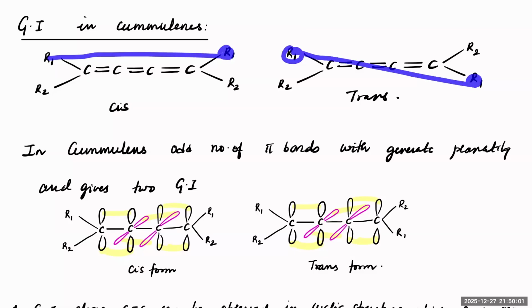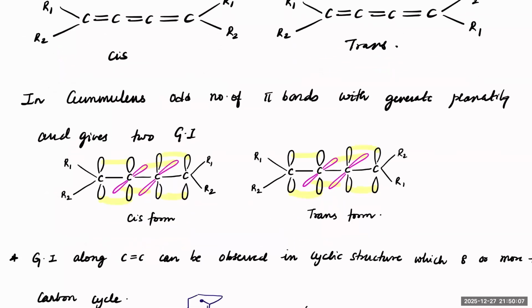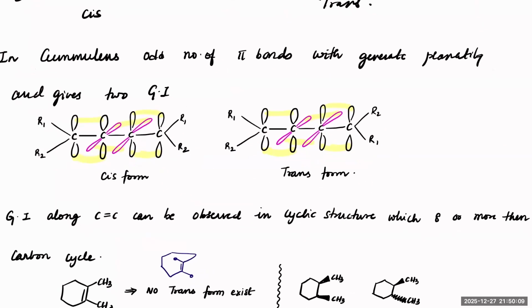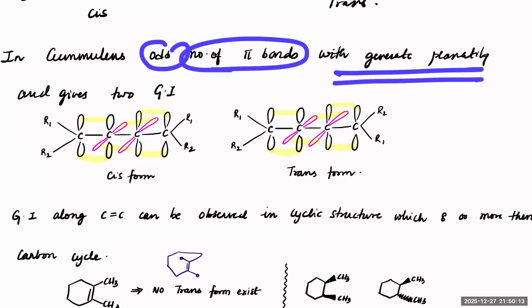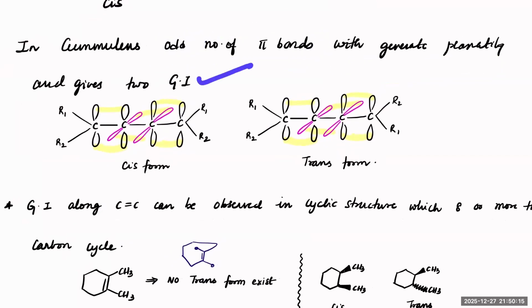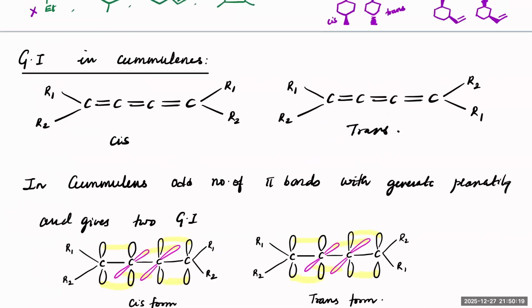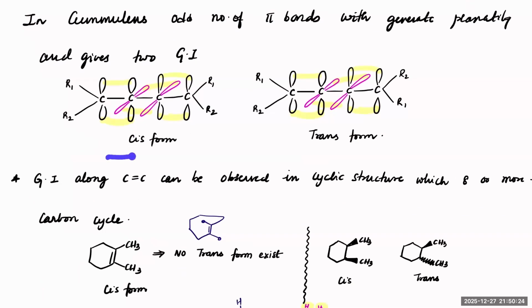So the distances are different. Hence, if this is cis, this has to be trans. Likewise, if you keep on adding an odd number of pi bonds, this will always generate a planarity, thus giving two geometrical isomers. So here also you can see 1, 2, 3, an odd number of pi bonds. Hence they can show cis form and trans form.